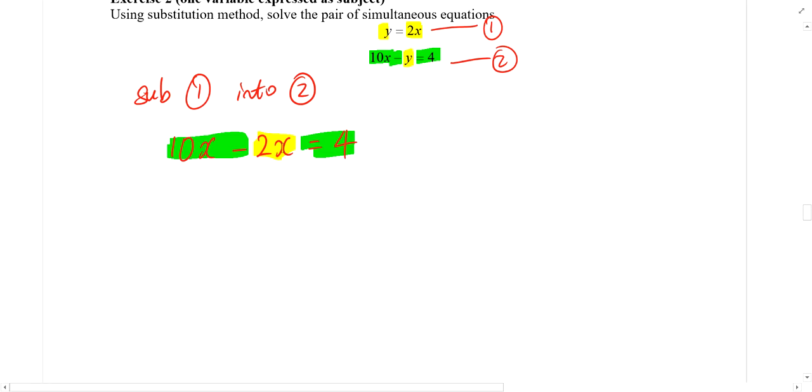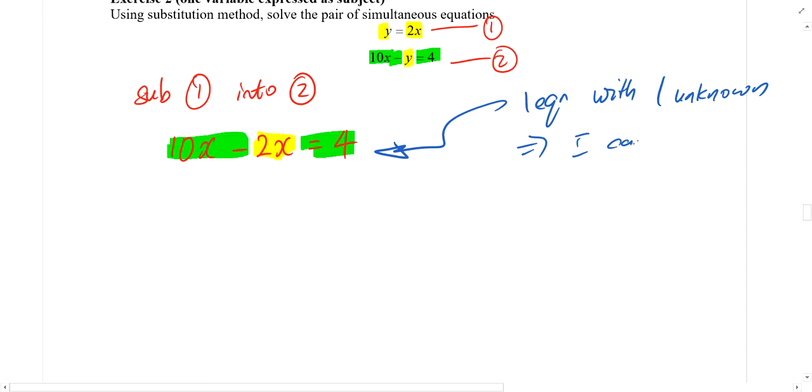Okay, so by doing so, I end up with one equation with one unknown, which means I can solve using my Sec 1 maths. So 10x minus 2x becomes 8x equals to 4, x equals to half.